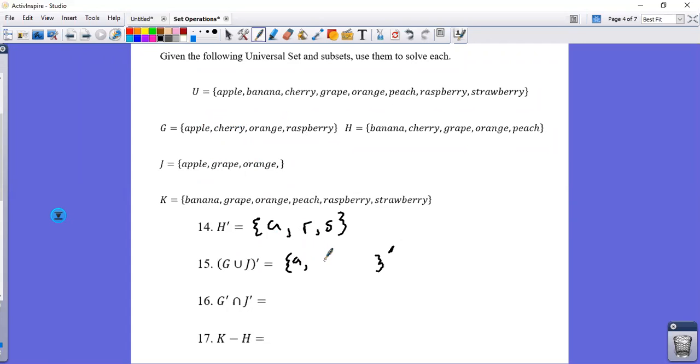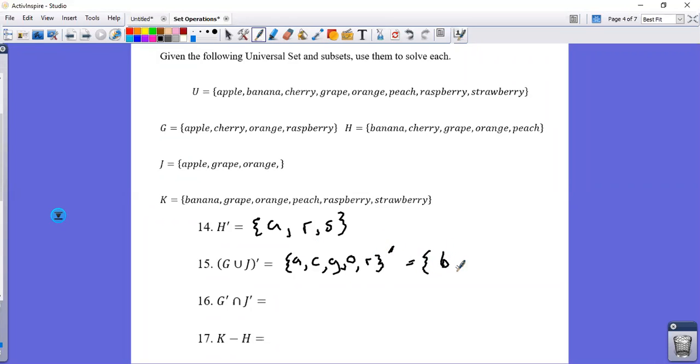There's a cherry from G. There's a grape from J. There's an orange in both. And there's a raspberry. So when I union those, when I put them together, I get apple, cherry, grape, orange, raspberry. Now the complement of that is everything that's left out.